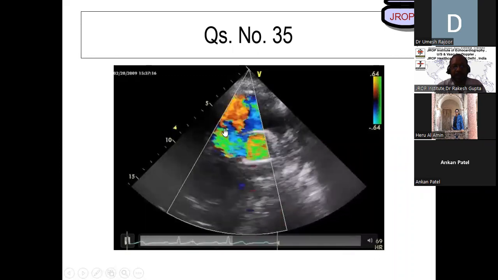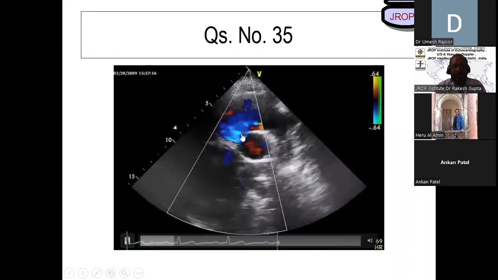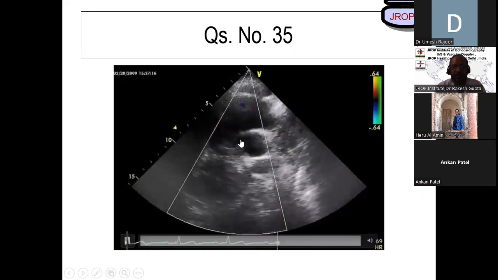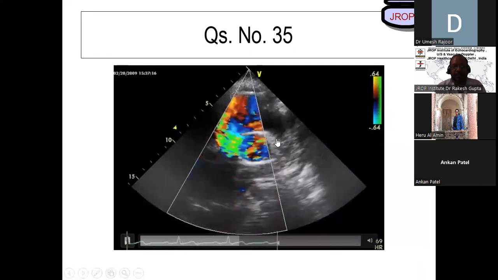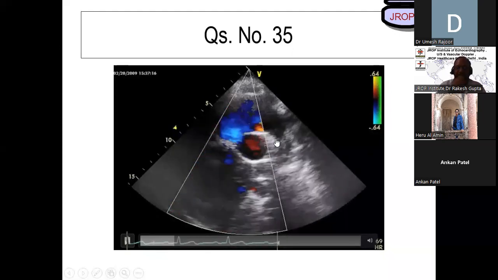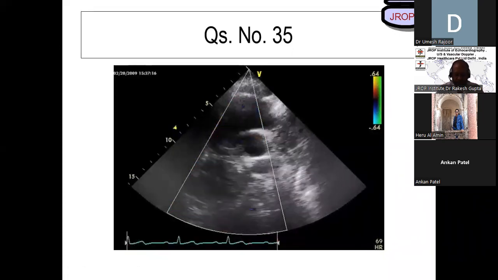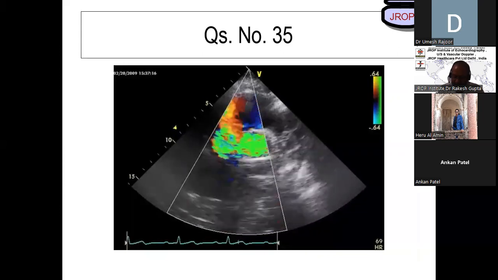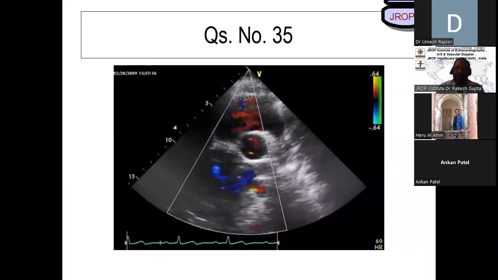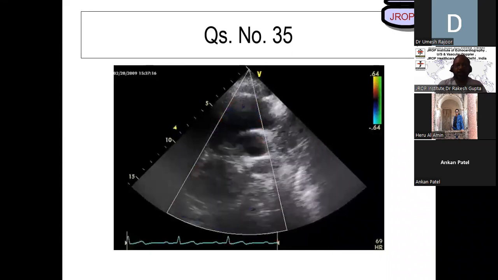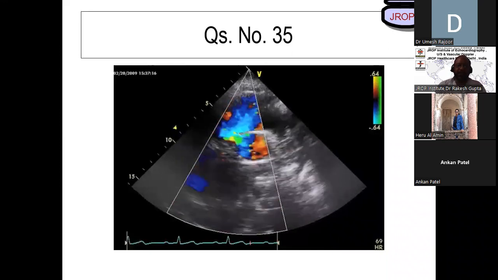Here is the RV, and here are the three parts: proximal, middle, and distal. Proximal will show perimembranous VSD, middle will show muscular VSD, and the distal will show doubly committed VSD. Good job. I was a little hesitant about saying let's move on to the next slide, but you picked up well. That's how the perimembranous VSD looks in short axis view.